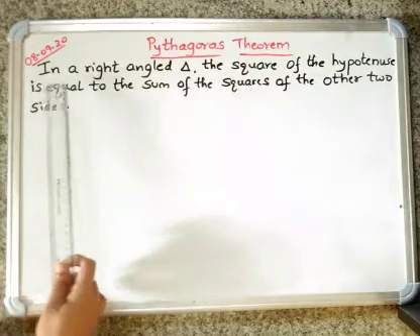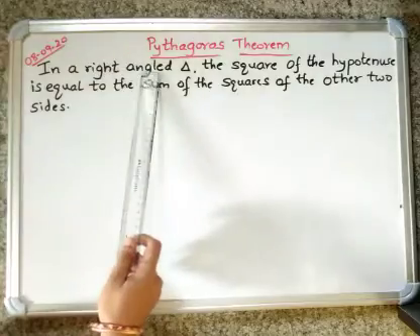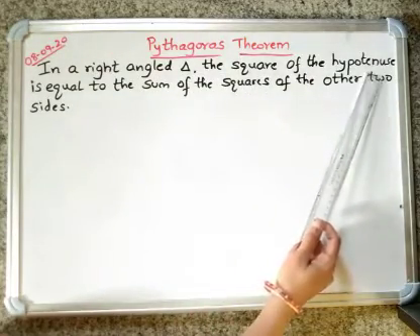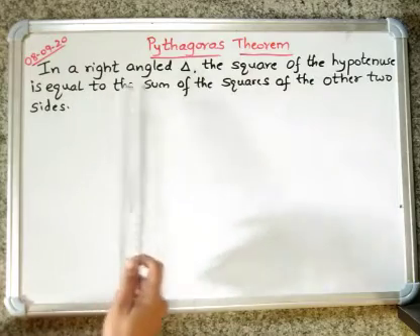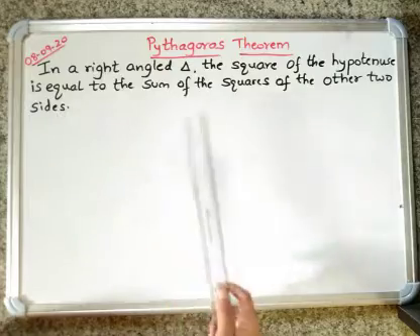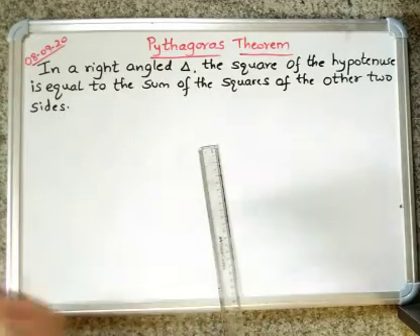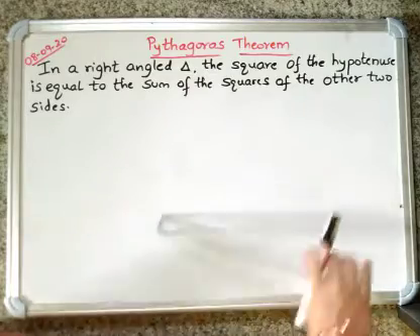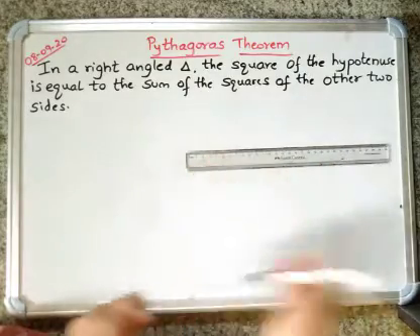It states that in a right angle triangle, the square of the hypotenuse is equal to the sum of the squares of the other two sides. Okay. So what does it state? In a right angle triangle. So let us draw a right angle triangle.